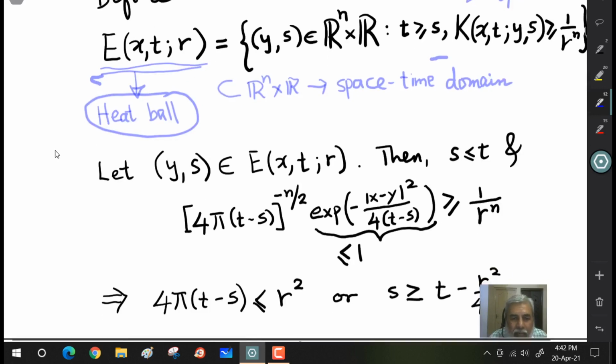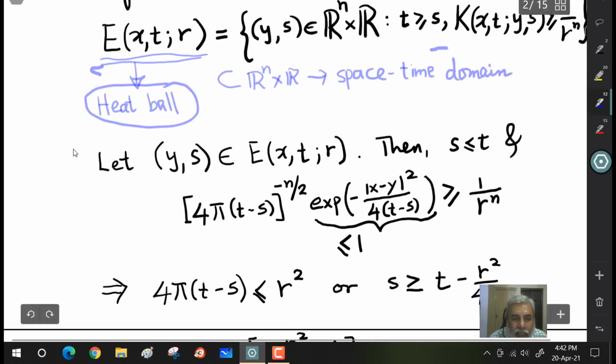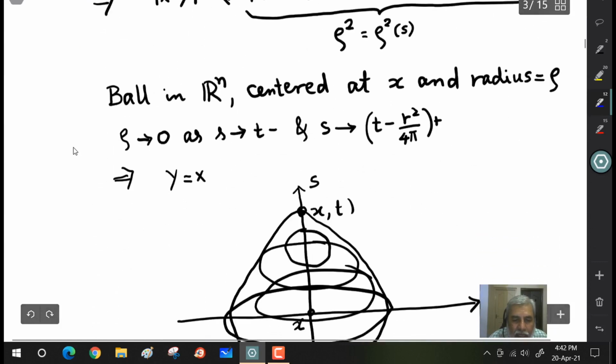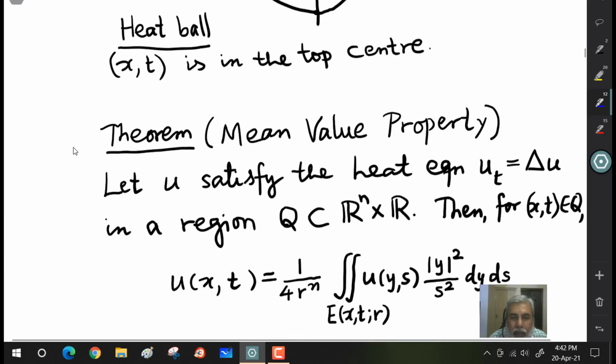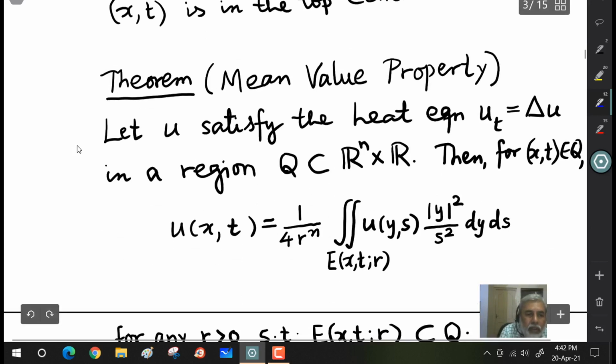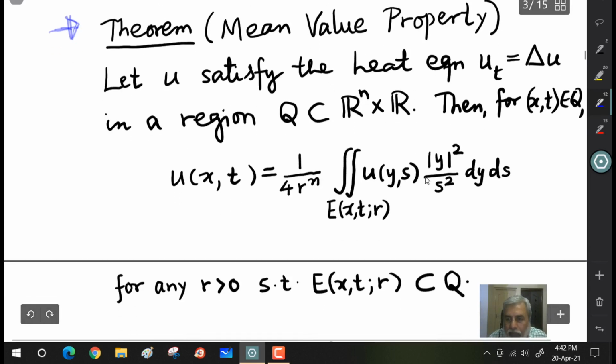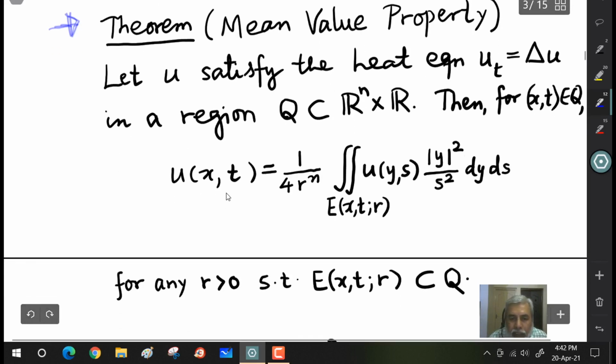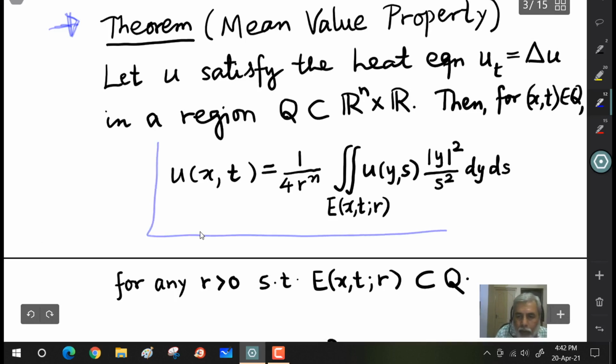Before examining what the set is, let me just state the theorem. Here it is. Let u satisfy the heat equation in a region Q in Rn cross R. Then for (x,t) in Q, u(x,t) is equal to this integral.